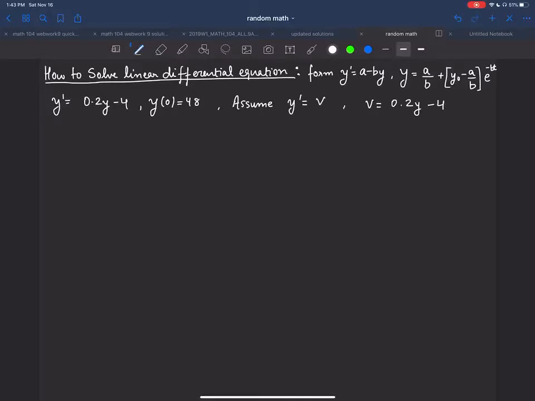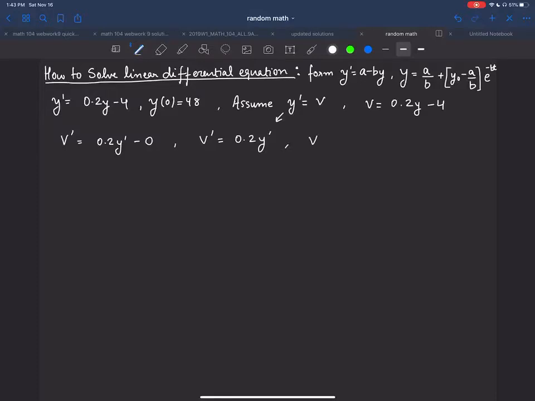Now when you have that equation, you take a derivative of it with respect to time. What you're supposed to get is v prime equals 0.2 y prime minus 0, or essentially, v prime equals 0.2 y prime. Now remember, we called y prime v, so we can substitute it back in.